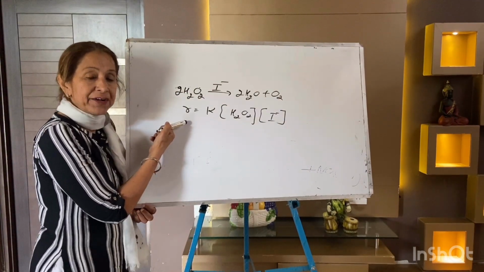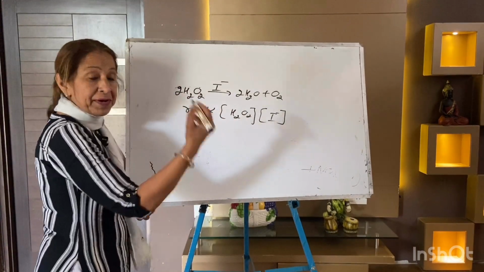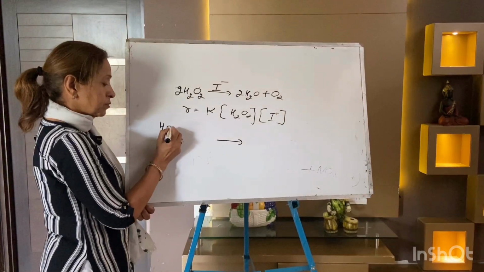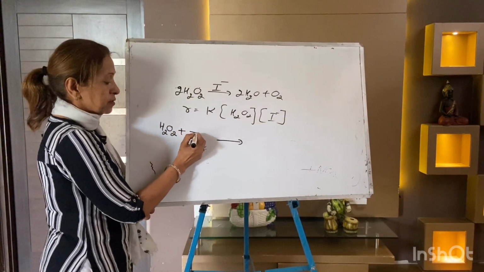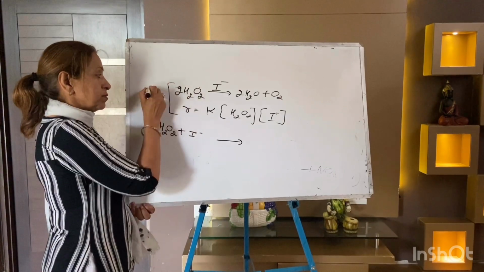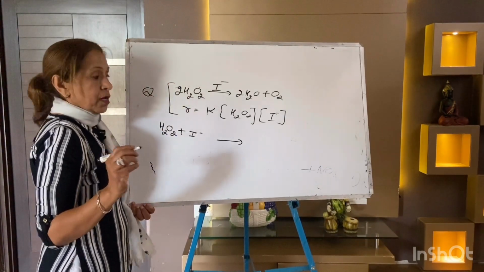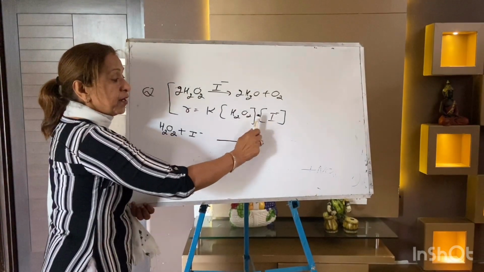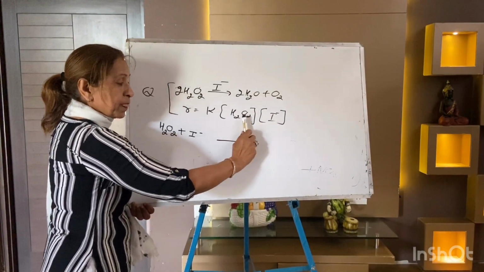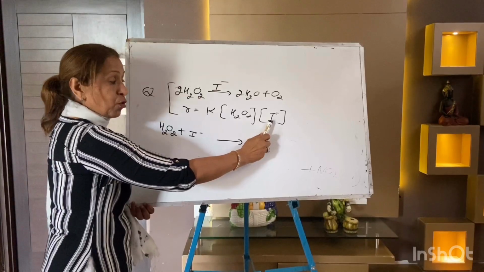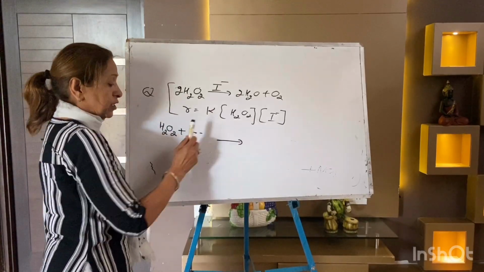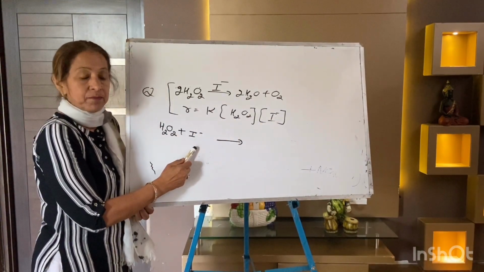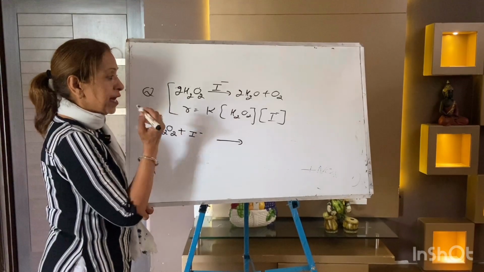So we have taken the idea of the slowest step reactants. This is the hint: the slowest step reactants. We have copied the slowest step reactants from the rate equation and pasted here. H2O2 plus I minus.